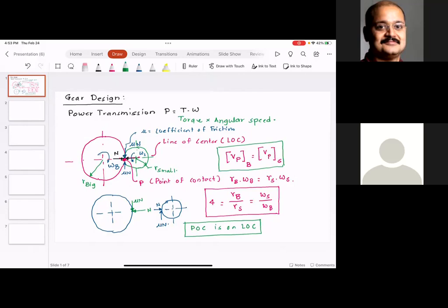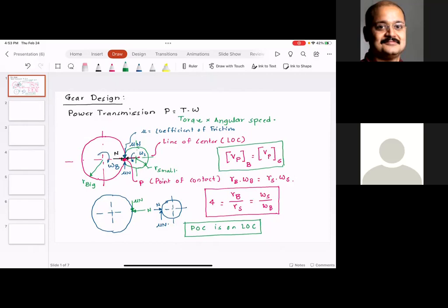So what I want to tell you here is that the point of contact, POC, being on the LOC is required for smooth power transmission. What happens, and this happens all the time, is that the point of contact is on the line of centers.